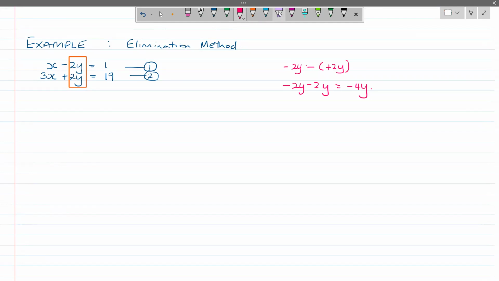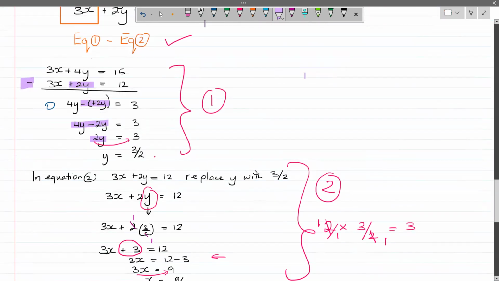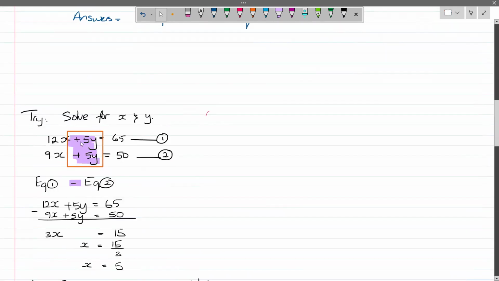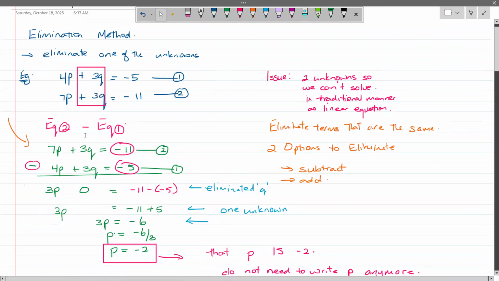Now I want to turn your attention to the signs. In the questions that we did previously, the signs are all the same. This is our positive 3x, our positive 3x. This was positive 5, positive 5. This was positive 3, this was positive 3.